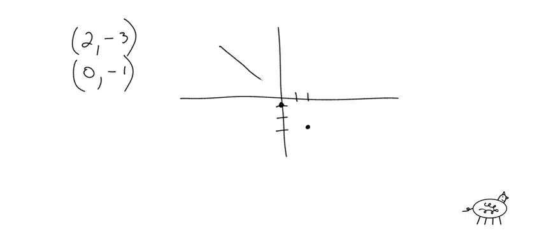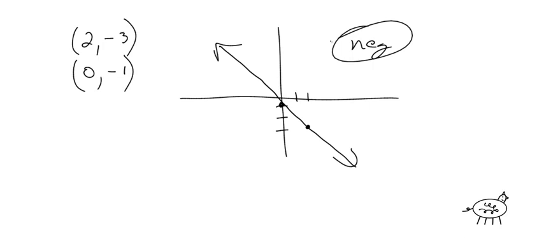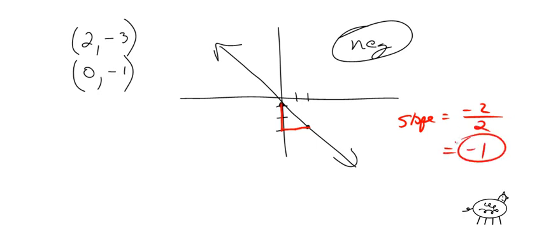So here's your line. All right, and first of all, again, I know it's negative. So I'm going to go from this point, I'm going to go down 1, 2. So slope is negative 2, and then to the right 1, 2. Oh, cool. So my slope is also negative 1 here.